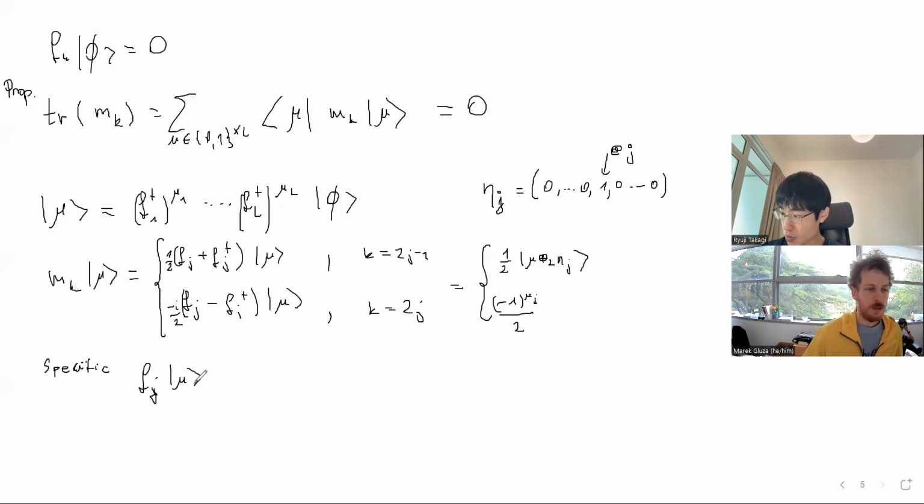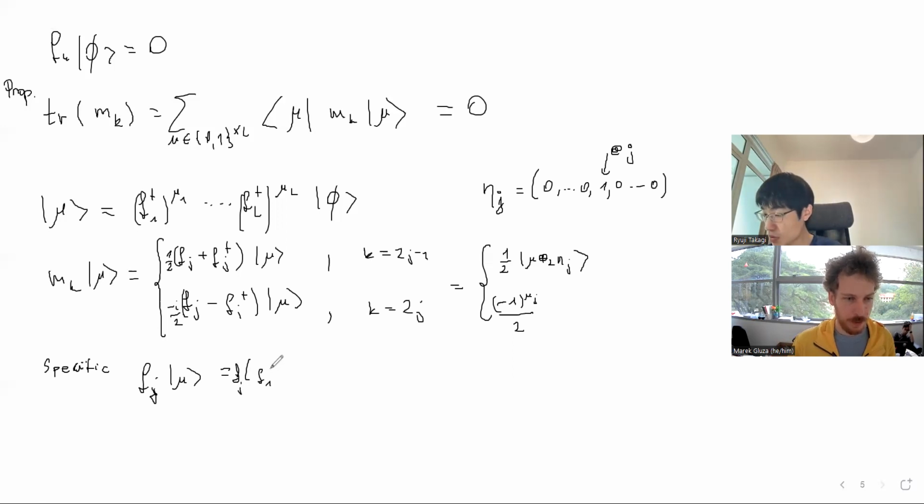Okay, so what's going on? I have fj, and then I have f1 dagger mu1 until fl dagger to the power mu l, applied to vacuum.